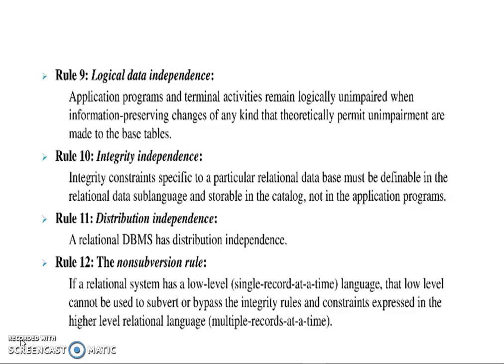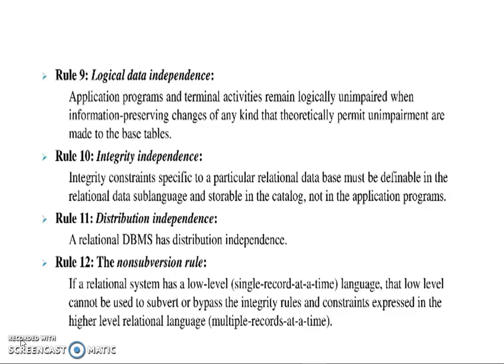And rule number 12 is the non-subversion rule. If there is a low level language, meaning single record at a time, in a relational system, then that low level language cannot be used to subvert or bypass the integrity rules and constraints that are used to define the higher level relational language.